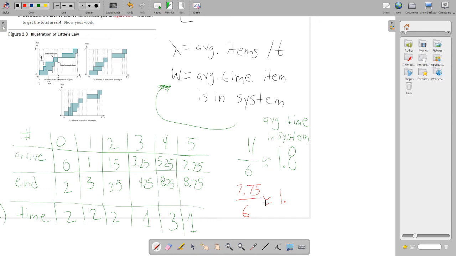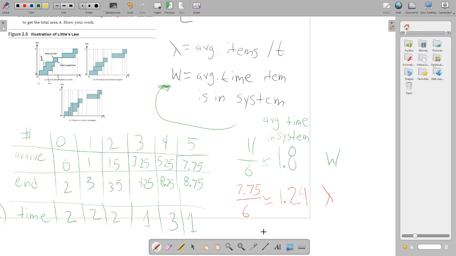I might have to pull out a calculator. 7.75 divided by 6 should be 1.29-ish. Yeah, 1.29. Cool. And then that's lambda. That's W.